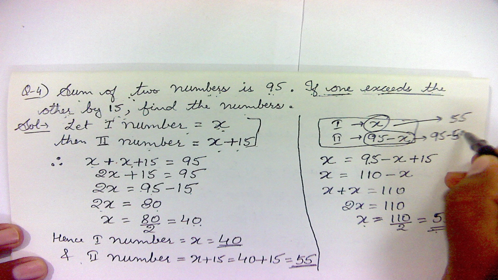Now if we move ahead to question number 5. Question number 5 says two numbers are in the ratio 5:3. If they differ by 18, then what are the numbers?